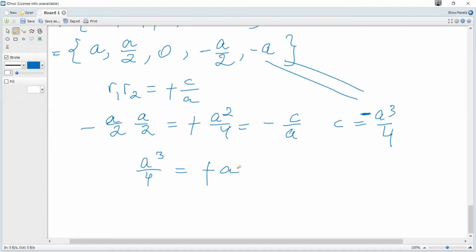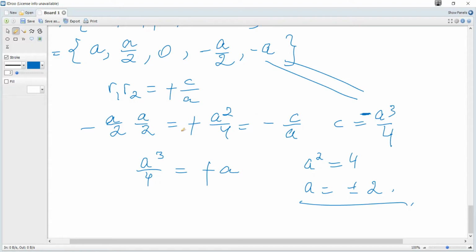A cannot be 0, so we can simplify. So A squared is 4, and A is plus minus 2.